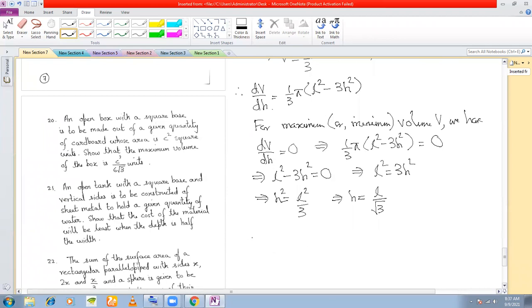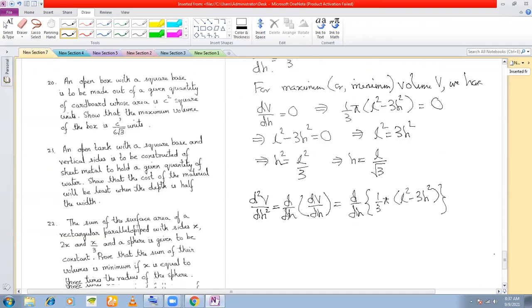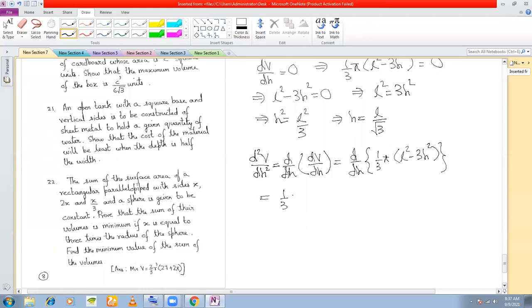Okay, so we'll use the second derivative test. d2V/dh2 is equal to d/dh of dV/dh, which is d/dh of 1/3 pi (L square minus 3h square). So 1/3 pi is a constant; you can take it out of differentiation. L square is a constant, so differentiation of L square will be 0, minus 3 into the derivative of h square, which is 2h.